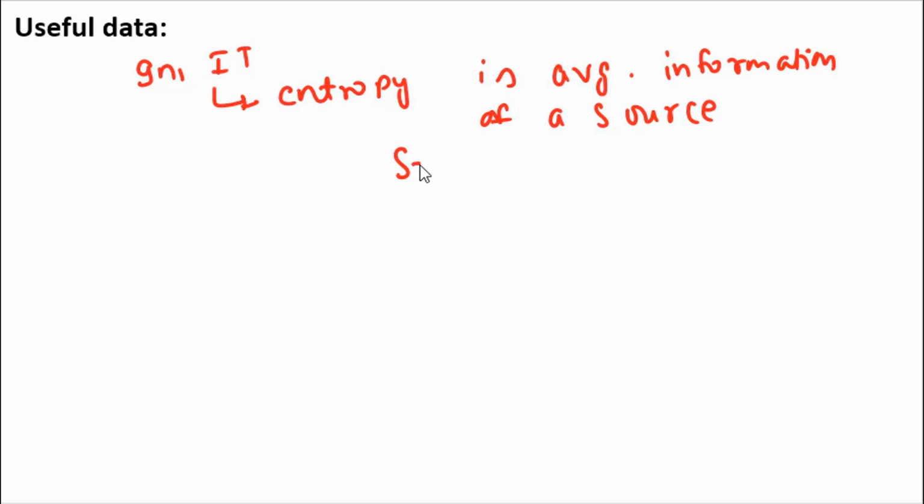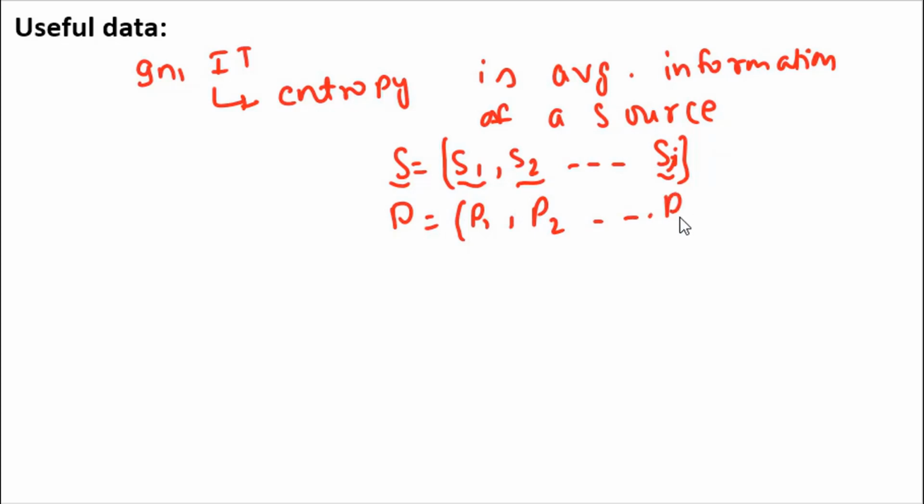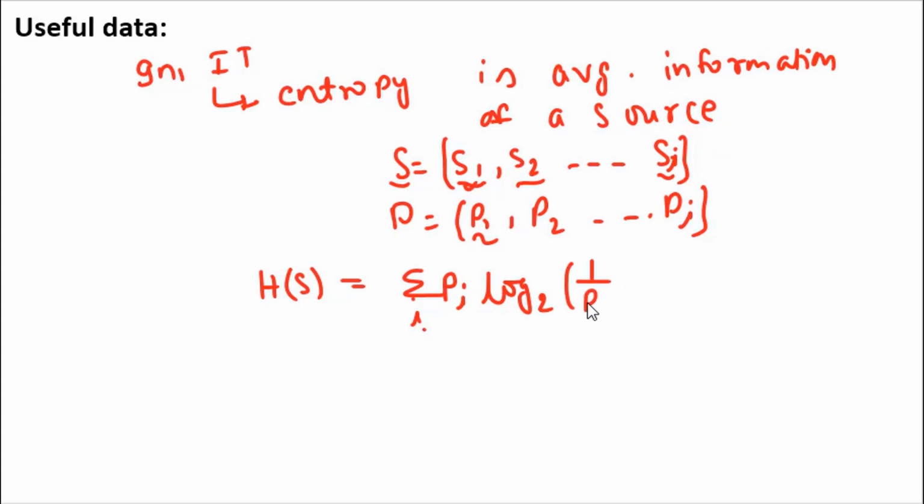If the source S is given as S1, S2 till Si, and the probability of occurrence of these symbols, these samples of this source S, as P equal to P1, P2 till Pi, where P1 is the probability of occurrence of S1 and P2 is the probability of occurrence of S2, then you can find the entropy of this source H of S as summation over i of Pi log base 2 1 over Pi.